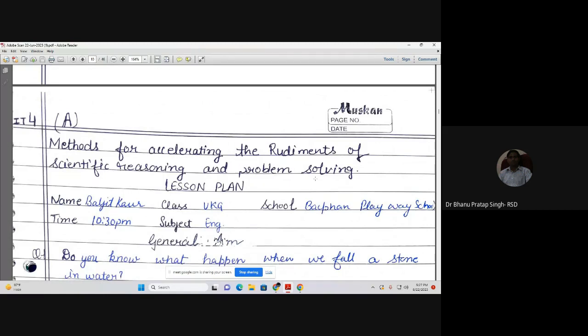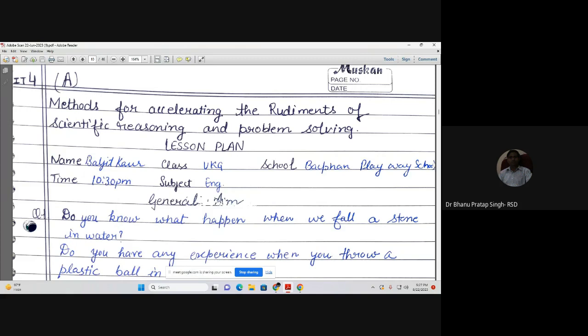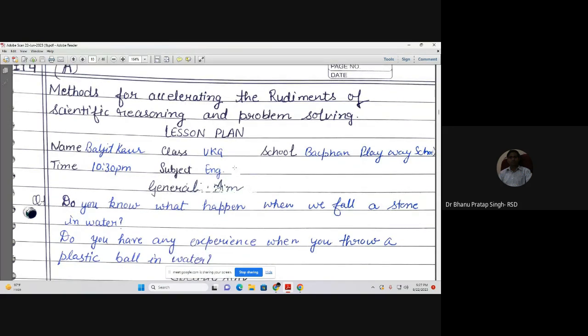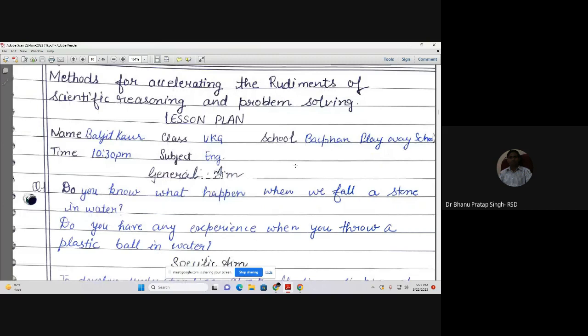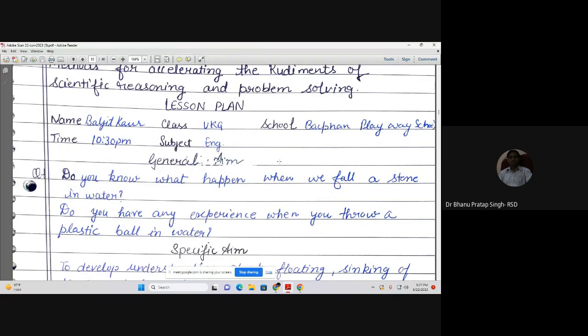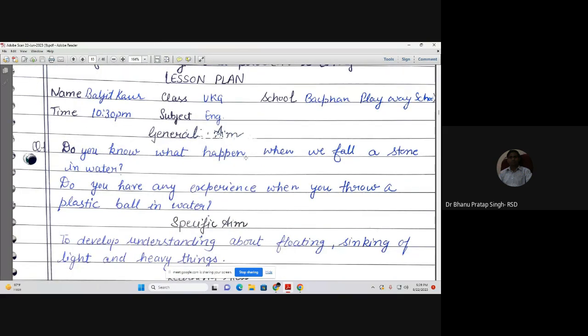Okay, this one is about a method for accelerating the rudiments of scientific reasoning and problem solving. The researcher has taken one child from UKG, Bachpan Playway School. Time and subject were given.